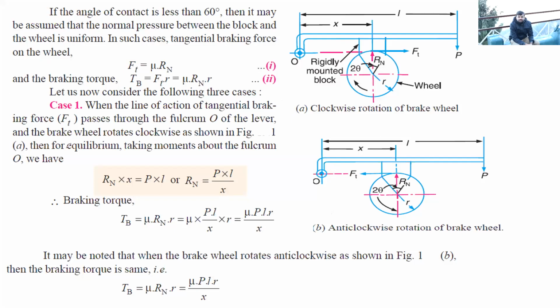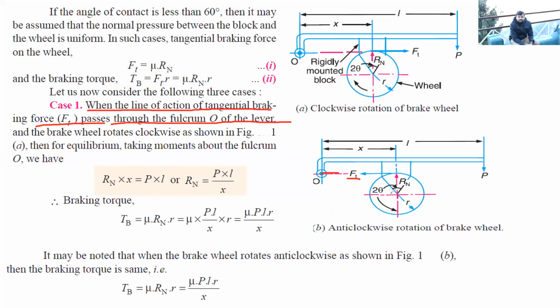Now, in case one, when the wheel rotates clockwise, here it is written, when the line of action of tangential braking force, that is Ft, passes through the fulcrum point O of the lever. Okay, so since its line of action is passing through this fixed point, then this Ft force will not be producing any moment.